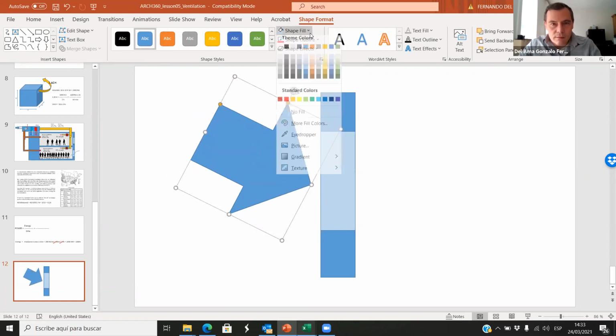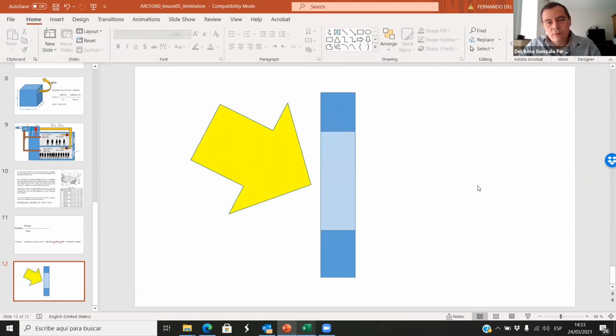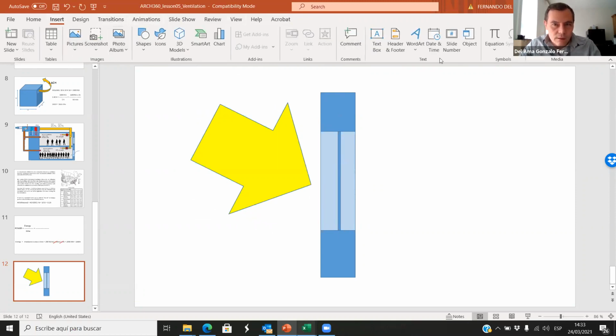Let's turn it to yellow. Okay, here we have a protection. So there's a window here, there's a glass, so we can have a glass here. So this glass has a solar heat gain coefficient.